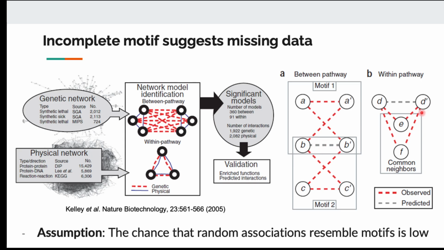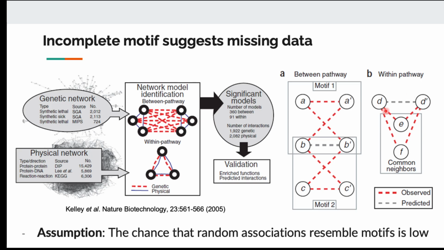Or in this case, we have 4 proteins, and we already have genetic interaction between 2 proteins in the pathway. But we haven't seen this interaction between D and B prime. So people came up with an idea that maybe there are genetic interactions, we just haven't tested yet.